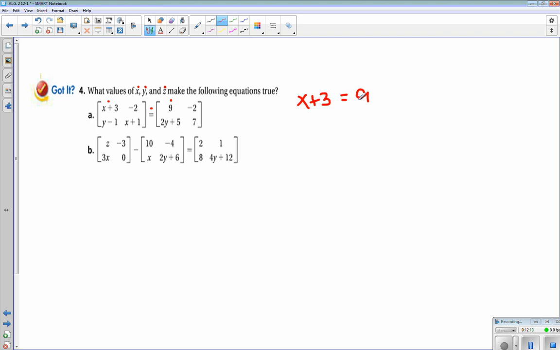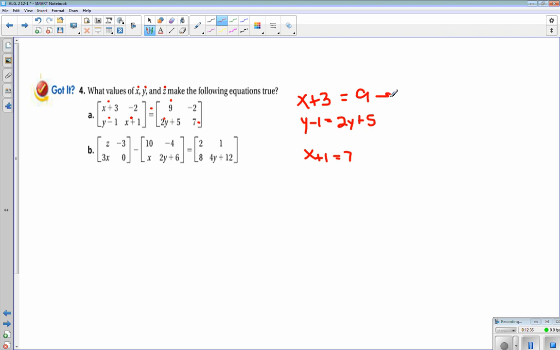So that means x plus 3 is equal to 9. y minus 1 is equal to 2y plus 5. And just for fun, x plus 1 equals 7. We don't have a z in this equation, so that's good.